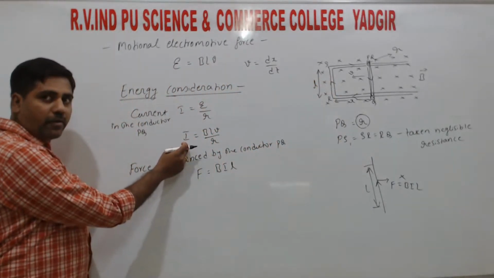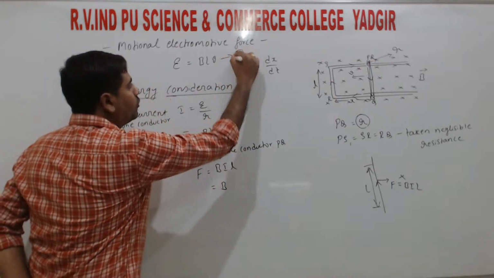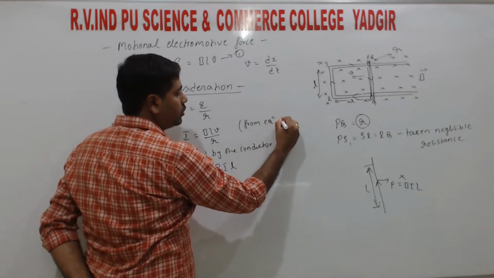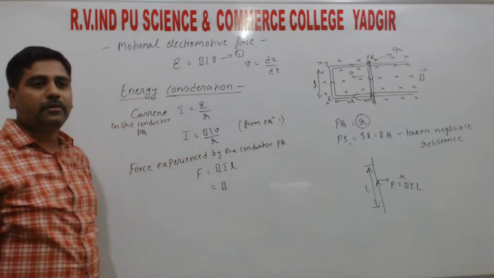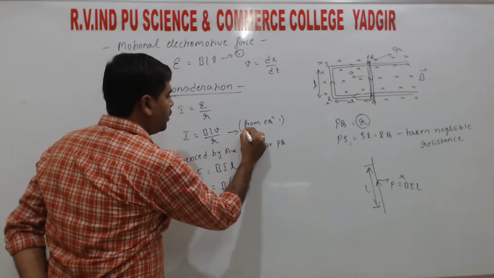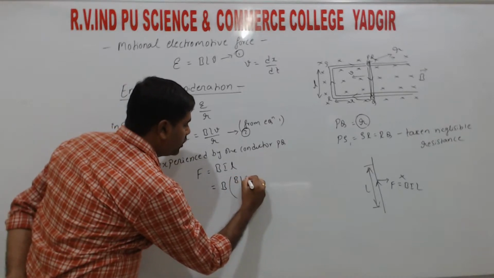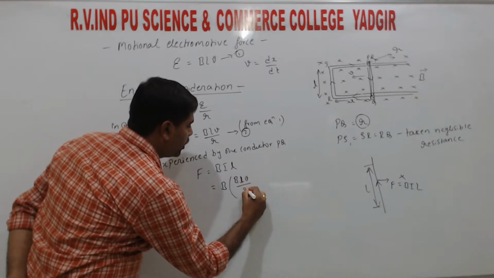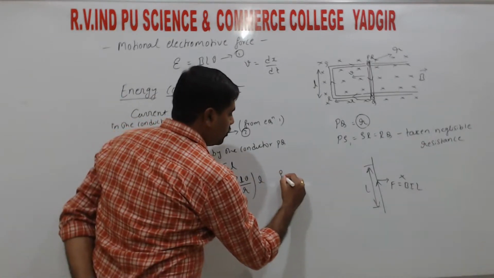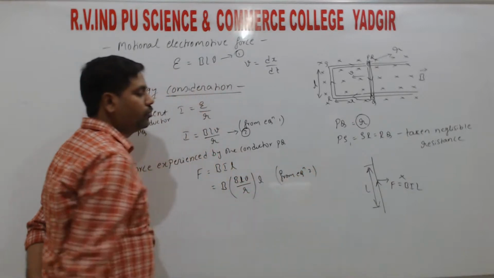So here we know the value of I, so substitute here. Take this one as the first equation. From equation 1, now we take equation 2, BLV divided by R into L. So this is from equation 2.